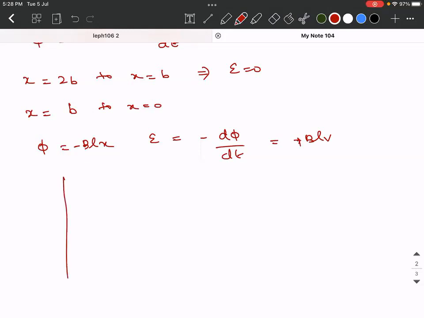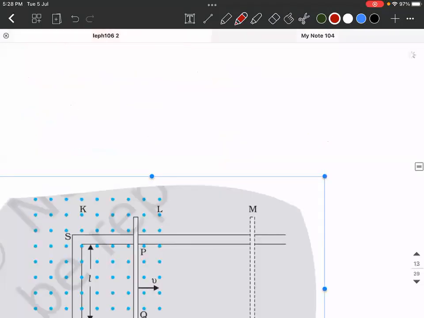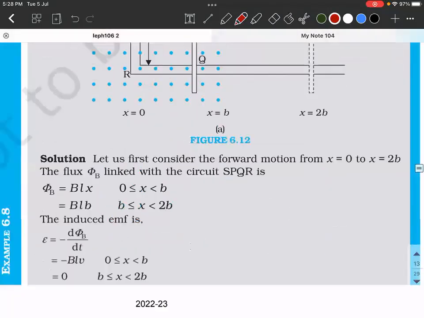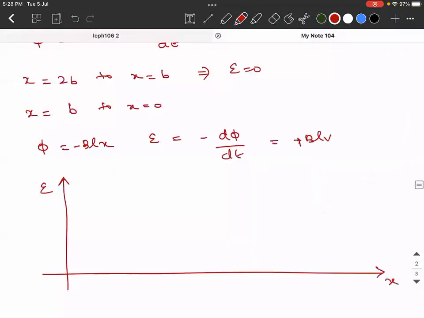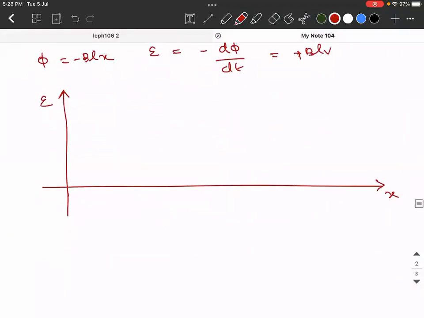Okay. Now the most important part is when you draw the graph between EMF and displacement, sorry, distance, x is equal to 0 to x is equal to b, this will be the graph of how much value? Minus BLV. From B to 2B, what will be the value? It will be 0. From 2B to B, it will again be a 0.